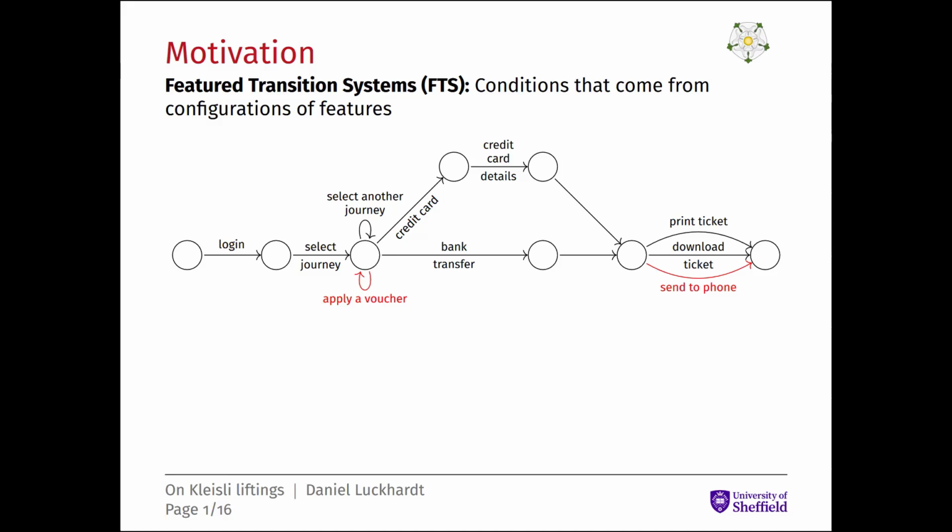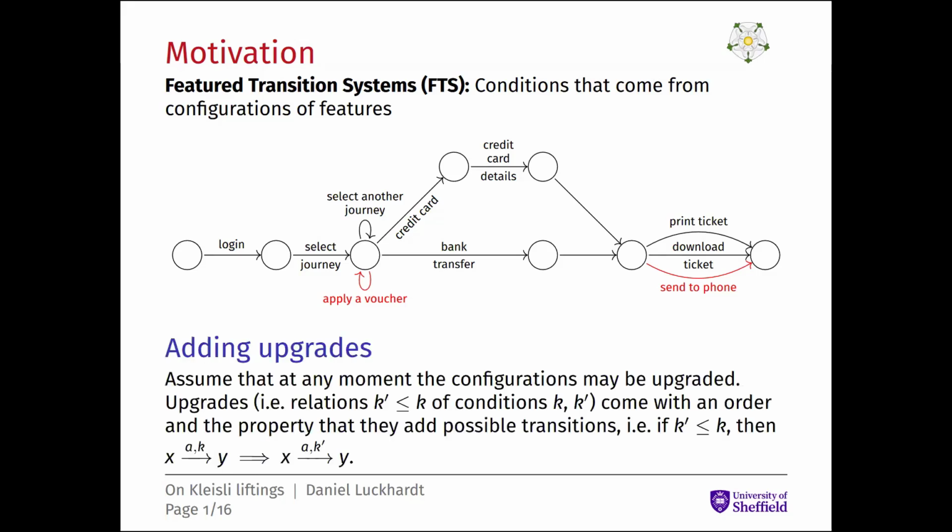But now let's say that there are changes. Let's say that this feature of getting your ticket on your phone is added maybe while the system is at the stage that some journey is in the cart, and at that same moment an update is happening. So we are adding upgrades.